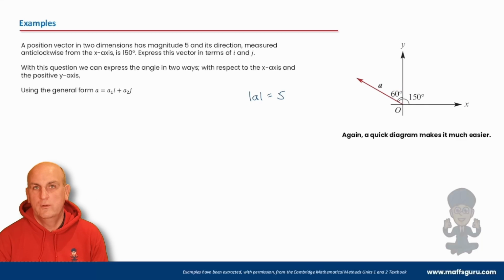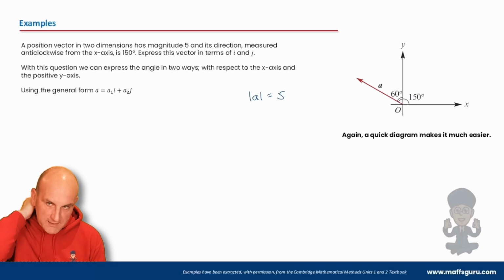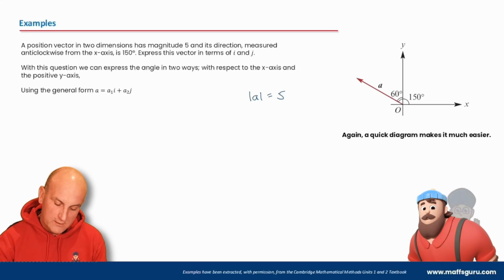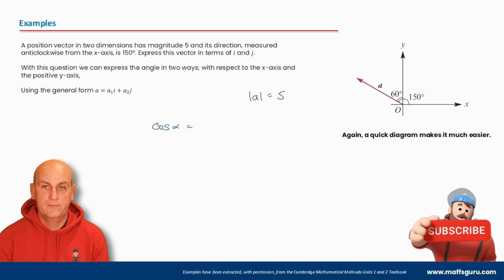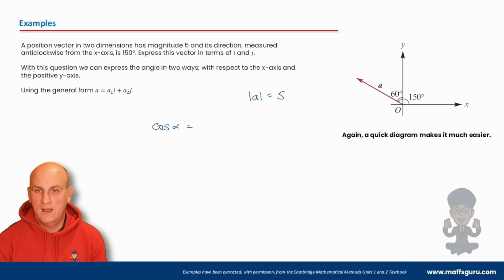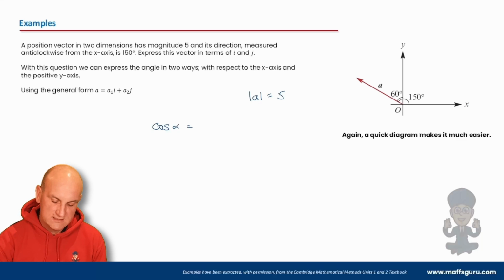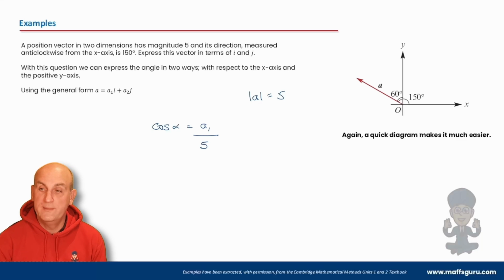Well, we now know that we can use the formulas from before to help us work out our values because we know that the cosine of alpha, which is the angle from the x-axis, is the i component, which we don't know, so we'll call that A1, divided by its modulus, which in this situation is 5. But what was alpha? Well, from the x-axis, we know it's 150 degrees.